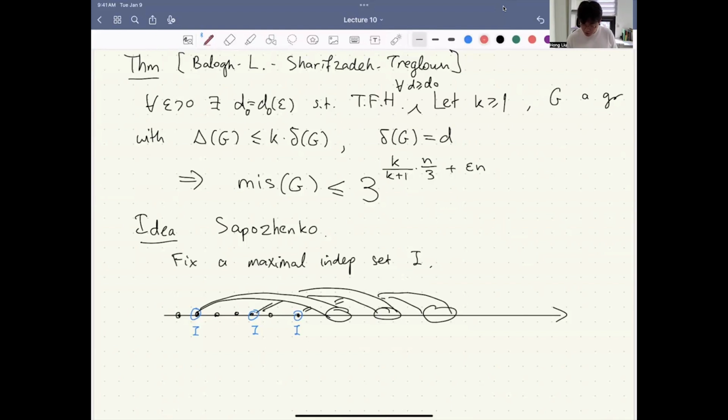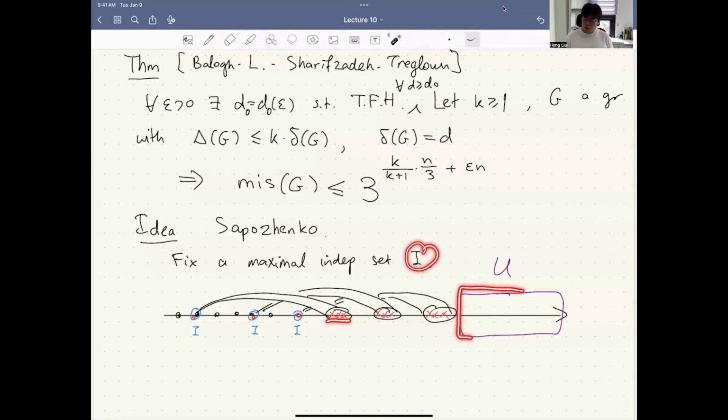So this guy needs to be kicked out. In the remaining set, this is the remaining set U. What we do is we kick out high degree vertices that are in I and its neighbors. So we do that whenever it's possible.